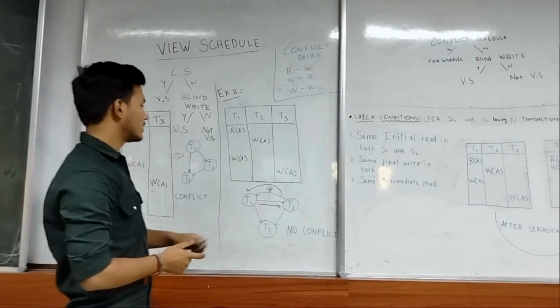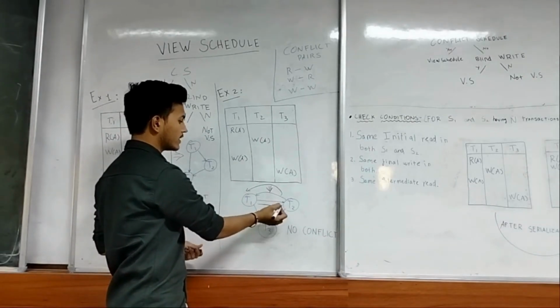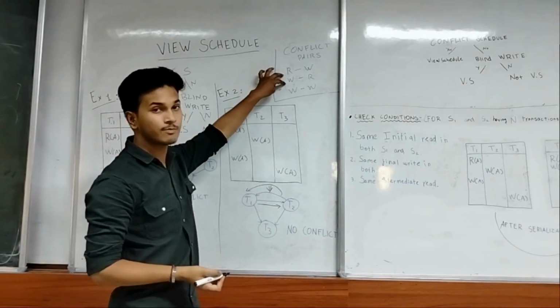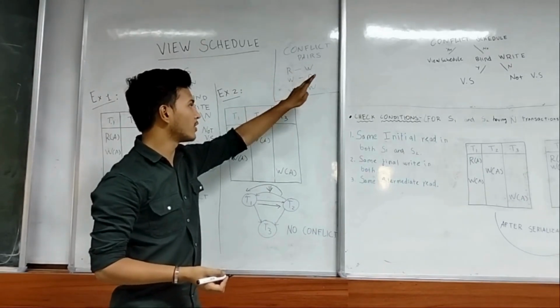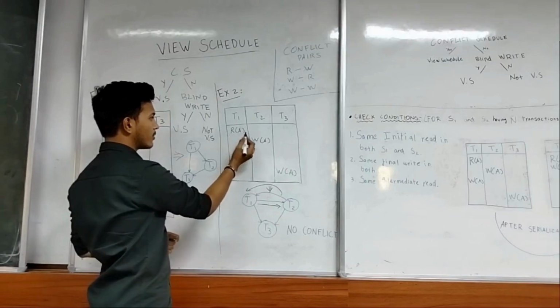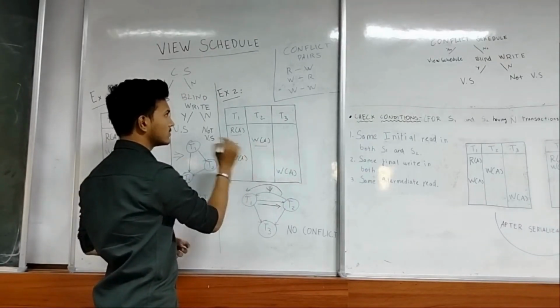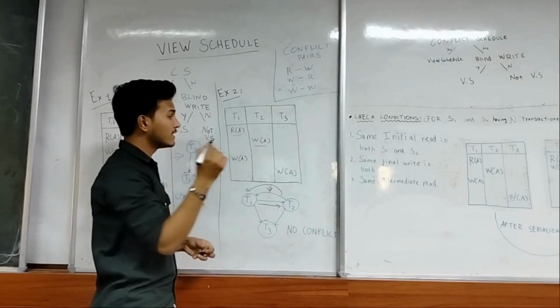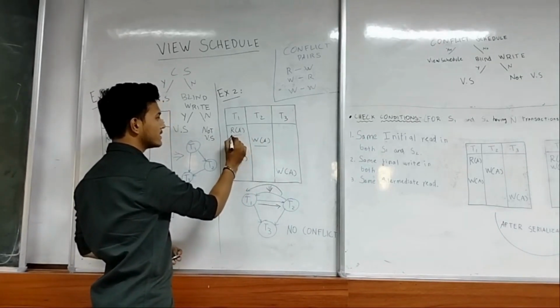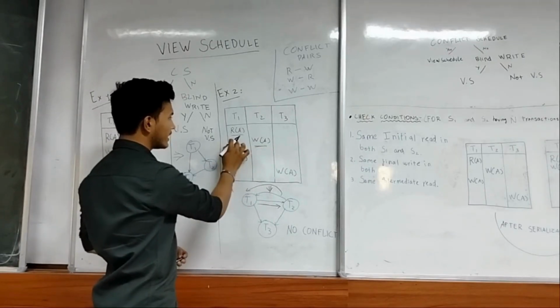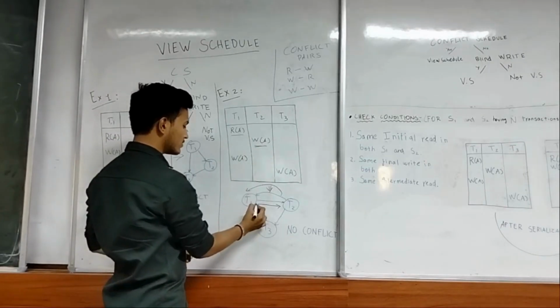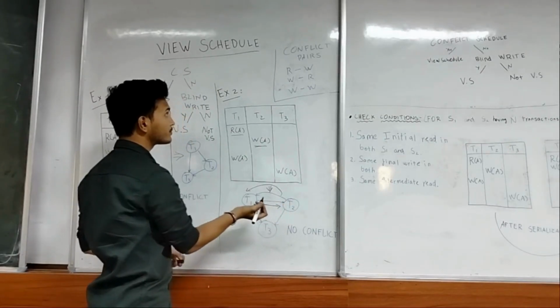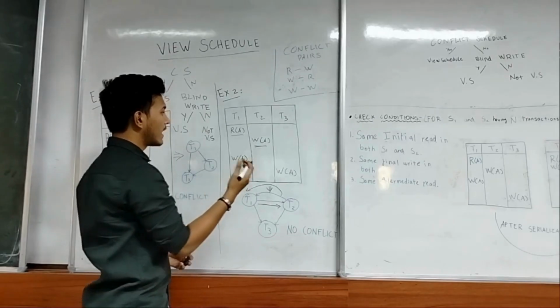So you can check the directions of the graph by matching these pairs whenever there is a write read operation. So here's the read and write operation. T1 to T2, read and write. So this is the arrow T1 to T2, and then the write and read operation.